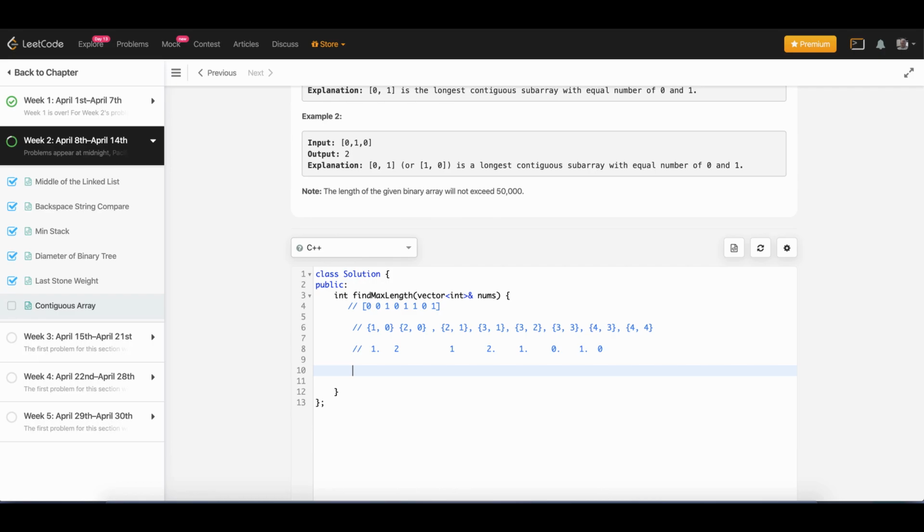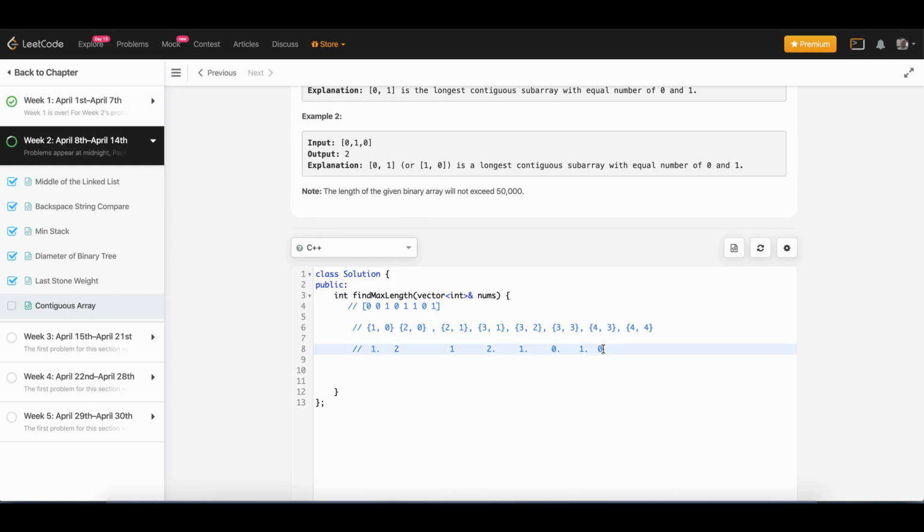So for this we can use a hash map to store, for every difference, the index, because we will try to maximize the length. That's why we will store the index if we have not stored it before, so that it will be as left as possible for the difference, and whenever we get this difference we'll try to find that index and subtract that.